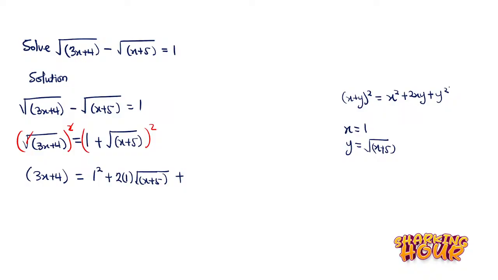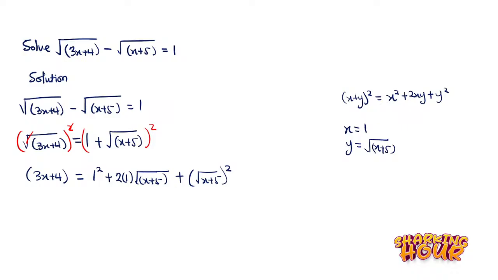So the y squared is this term squared, so I have the root of x plus 5 squared. So this is what I will get after expanding my expression above. Are we okay? So up until this point, I hope we all understand.